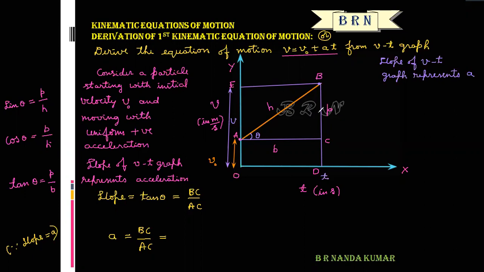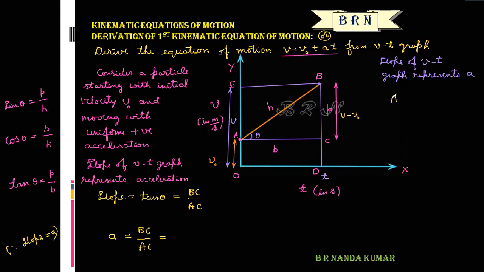So BC is equal to AE. So what is the value of BC? BC is exactly equal to V minus V naught. Okay. So value of BC is V minus V naught.